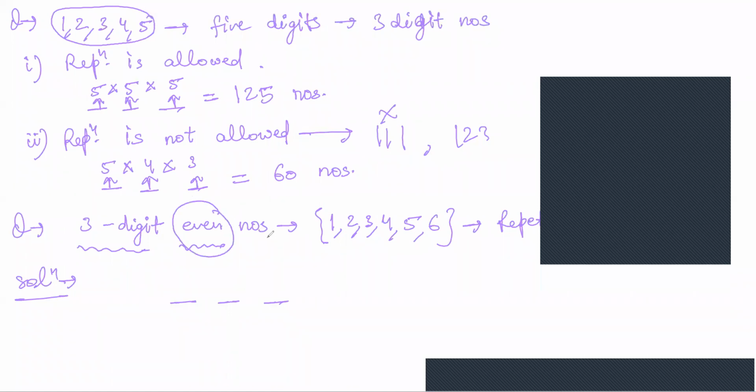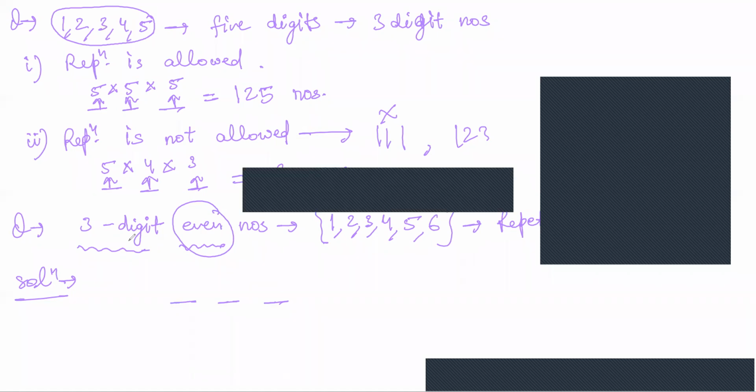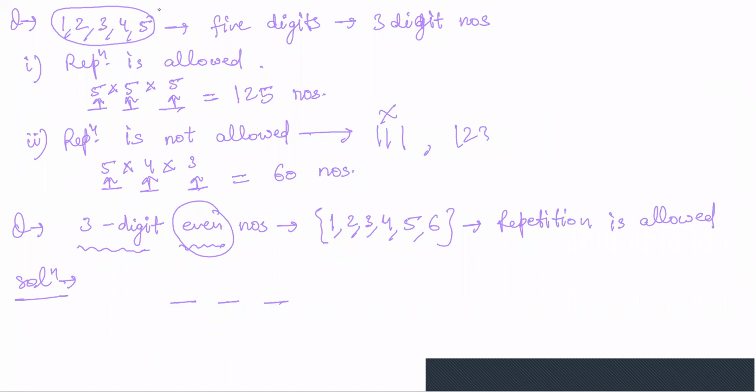The numbers have to be even. Yes. So we have to form 3-digit even numbers out of these 6 digits in which repetition is allowed.